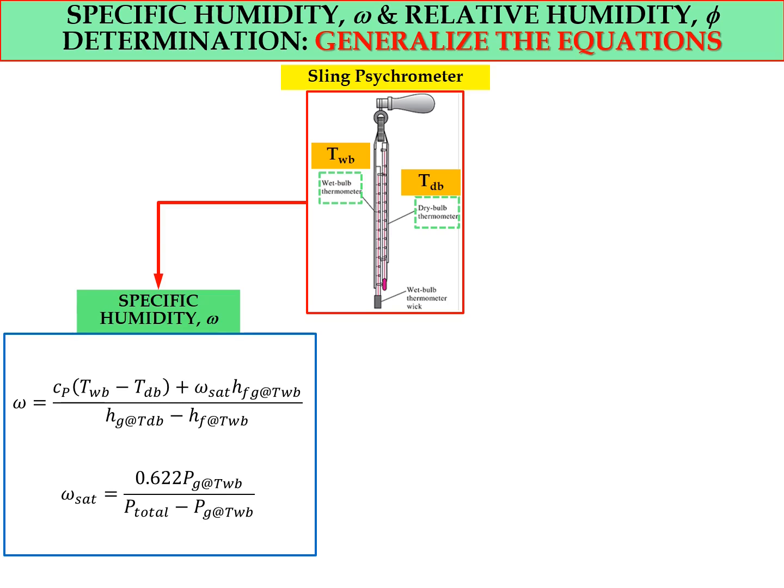And the value of omega set, the specific humidity at saturated air, will be equal to 0.622 multiplied by Pg at TWB, divided by P total minus Pg at TWB.